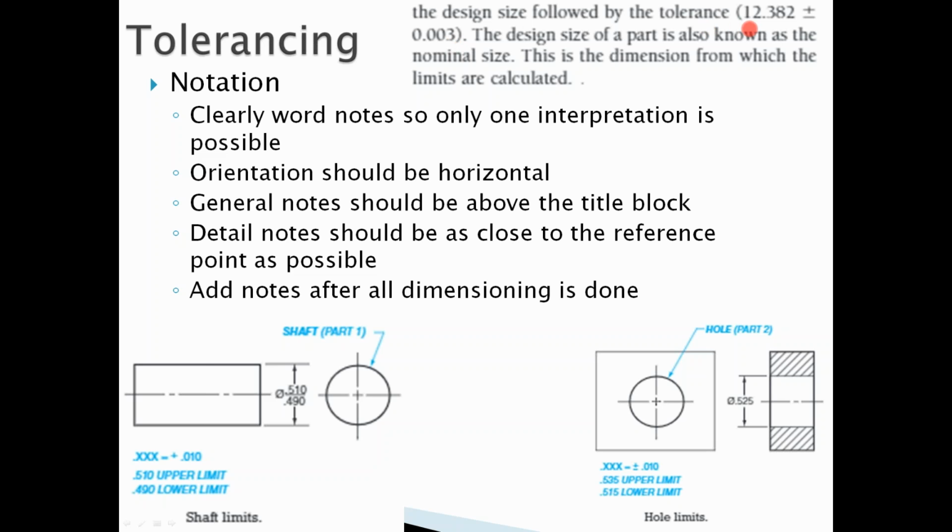That means if you come up with a little bit less, let's say 12.379, your product is still acceptable. However, if it's greater than this tolerance, that means your product may not be acceptable. So you have to clearly word the notes so only one interpretation is possible.